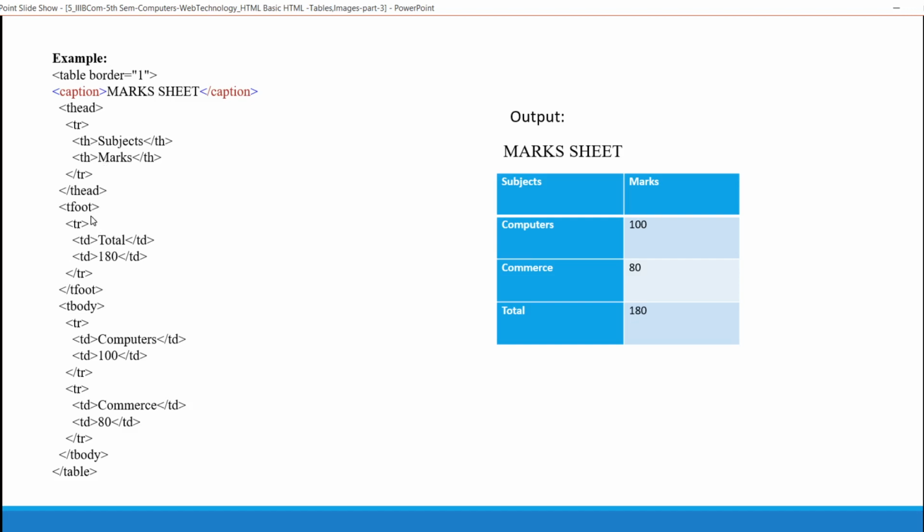In the foot I am writing total and the total marks. The body contents are computers, commerce. If you observe the output, this is the caption of the table. This is the heading, thead. This is the body, this is the foot.